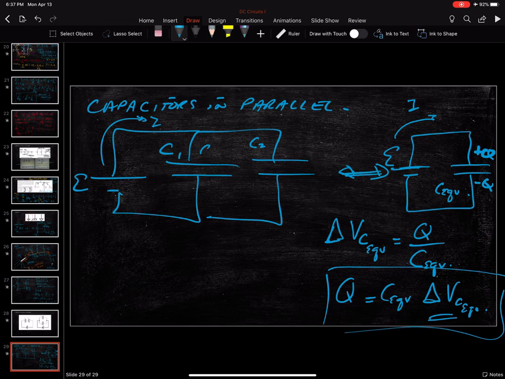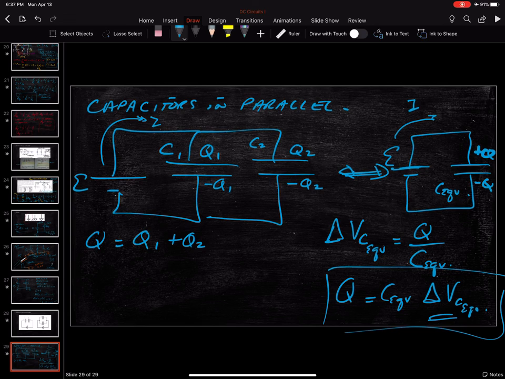There's going to be some Q1 on this capacitor and some Q2 on this one, with a minus Q1 there and a minus Q2 there, in such a way that the total charge which comes in should be Q1 plus Q2. The total charge being produced by the battery is equal to the charge on plate 1 plus the charge on plate 2.